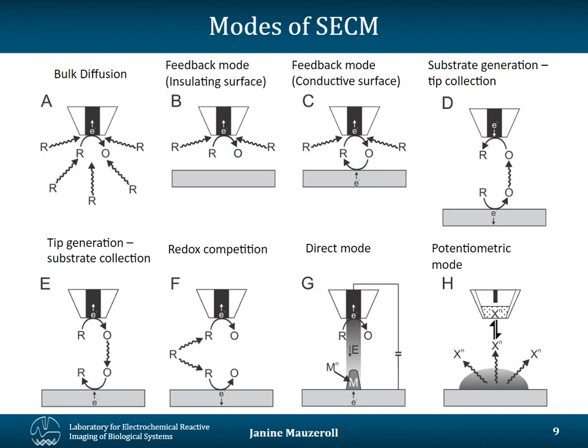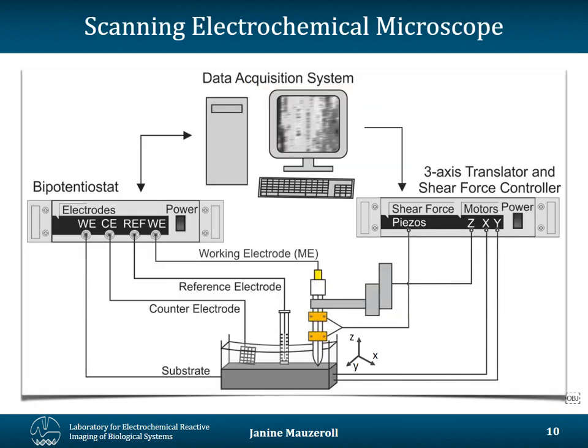Now, for those of us who love instruments, let me just briefly mention what the instrumental setup of an SECM looks like. At the bottom center, you see that we have a working electrode, a microelectrode, which is where all the action is going to occur.